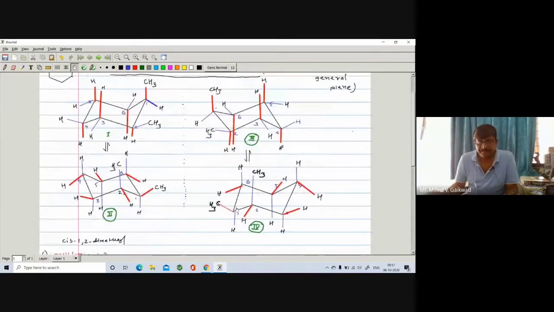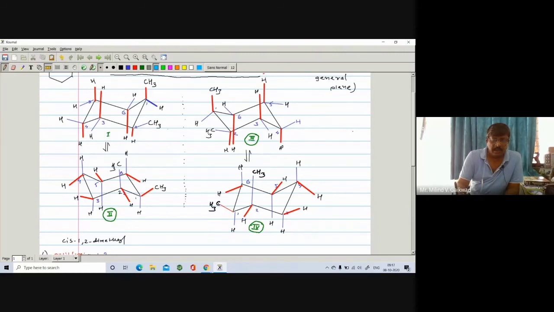And if you see a model, you will see that structure number 1 and structure number 4 are the same compound, right? They are the same compound.